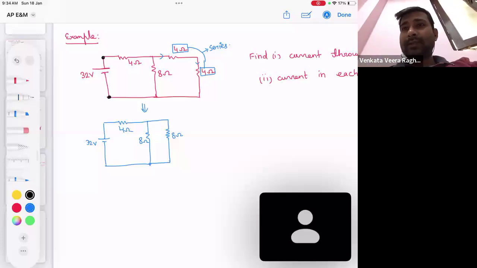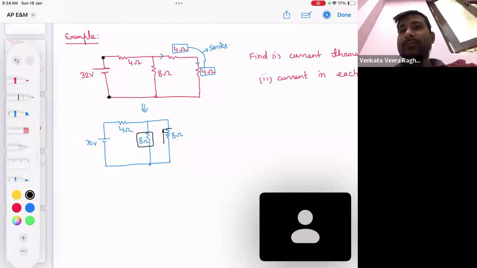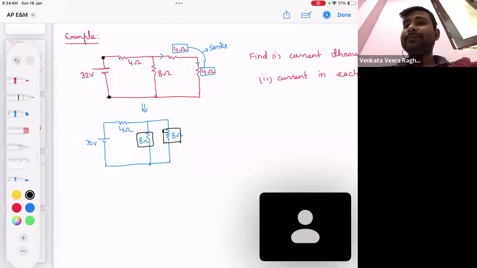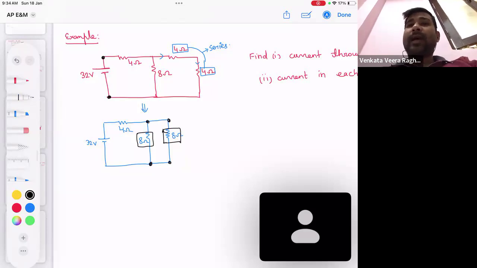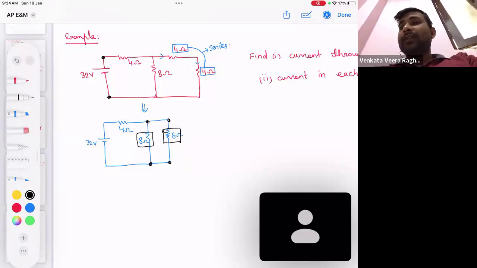Now look at this 8 ohm and look at this 8 ohm. Are they connected in parallel? How do I know that? Look at these 2 points and these 2 points. Can I say both 8 ohm are connected across the same potential difference?